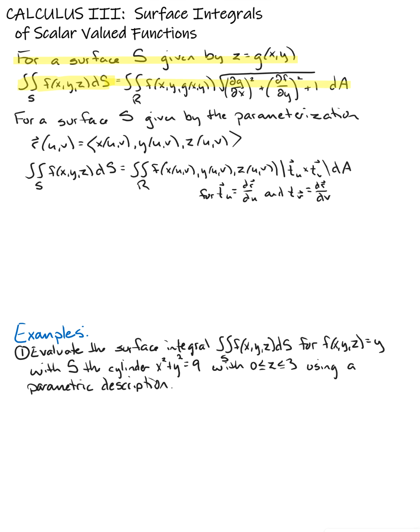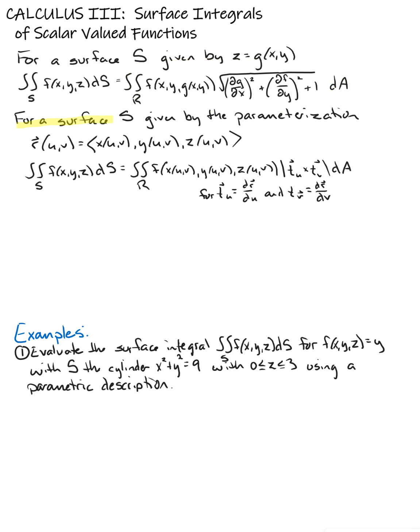And again, we're integrating with respect to area here. Now, this might start to look kind of familiar. It has a similarity to finding arc length, and we'll see a connection here.